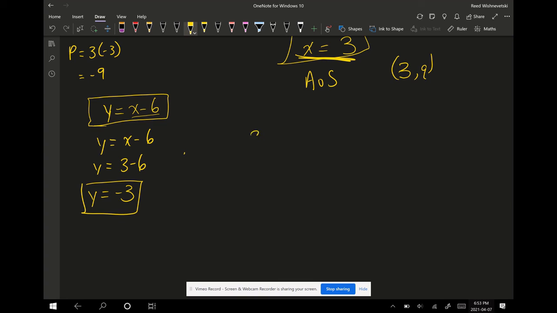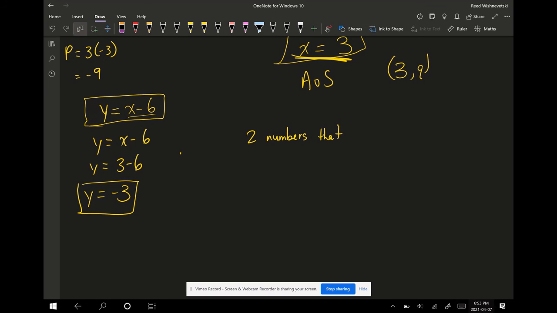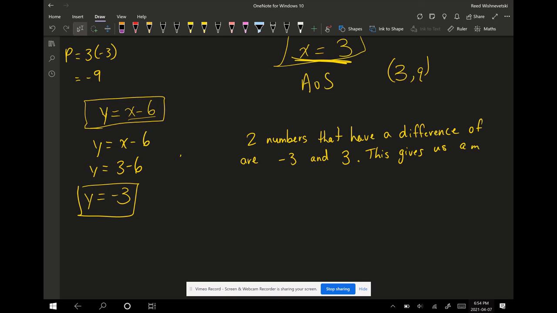So we know that our two numbers that have a difference of 6 are going to be negative 3 and positive 3, which is going to give us a minimum value of negative 9 when they're multiplied.